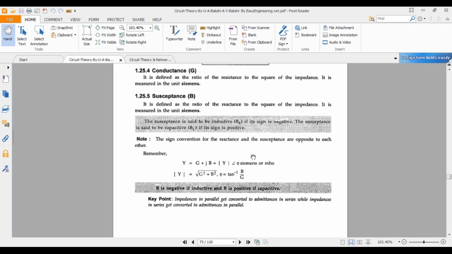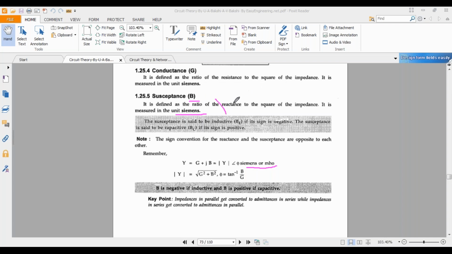Units of susceptance is equal to Siemens. So these are the important bits. Siemens can be indicated with mho. The symbol for susceptance is capital B, where susceptance is 1 by X.